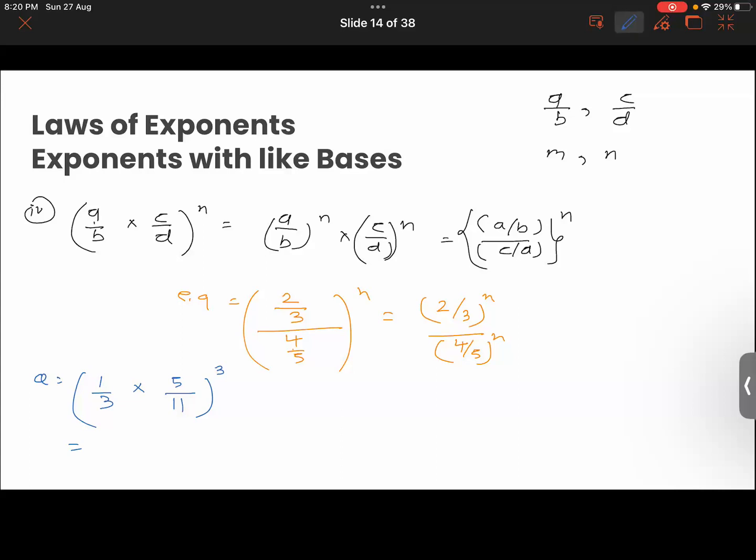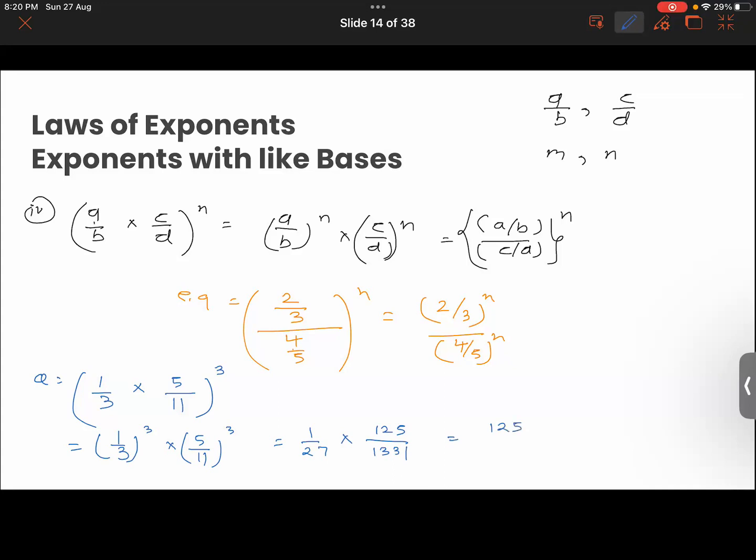Arham, there's a slight mistake in this. Okay, so you have got 1 upon 3 raised to the power 3, and again 5 upon 11 raised to the power 3. So what value will you be getting? 1 upon 27 multiplied by 125 upon 1331.